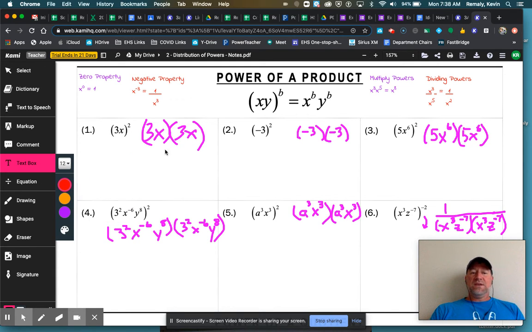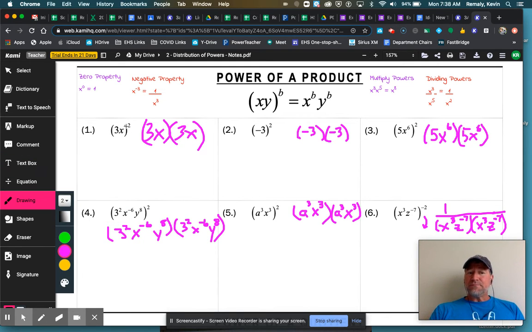Well, we can think about expanding this. So what we really have is this quantity 3x, and it's multiplied by itself. So when we multiply it by itself, you could see very clearly what happens here. We have 3 times 3, that gives us 9, and x times x gives us x squared. Okay, what's our shortcut?